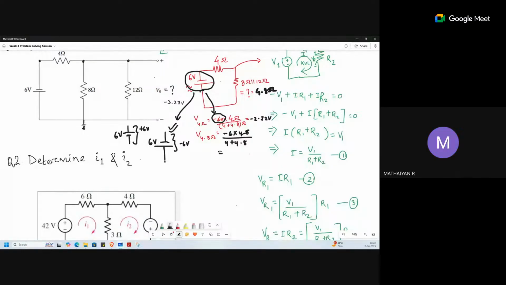Ma'am, minus means voltage drop from positive to negative side. Here your source was minus 6 volt, that's why you are getting minus 2.72 volt. This drop you got at the 4 ohm resistance, minus 2.72 volt. If you add two voltages, you will get minus 6 volt.